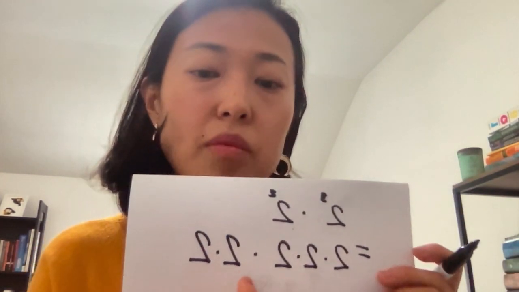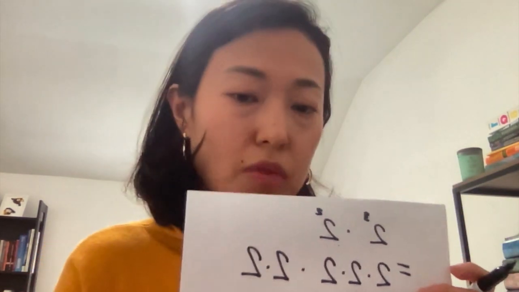Right, correct. So we would multiply 2 by itself 3 times. So that's 2 to the power of 3 times multiply 2 again by itself twice, which is 2 to the power of 2. Right, so 3 times for the first term and then 2 times for the second term.